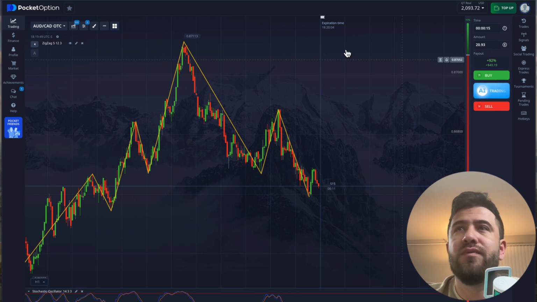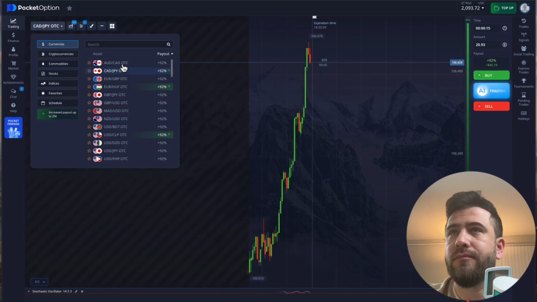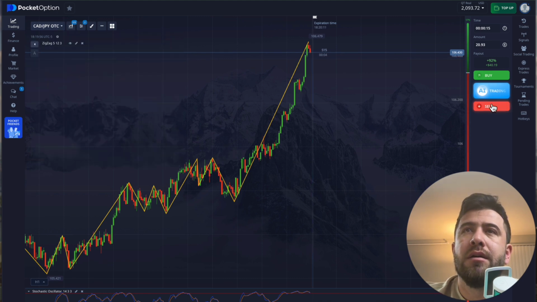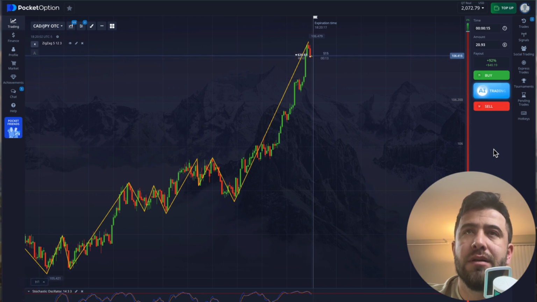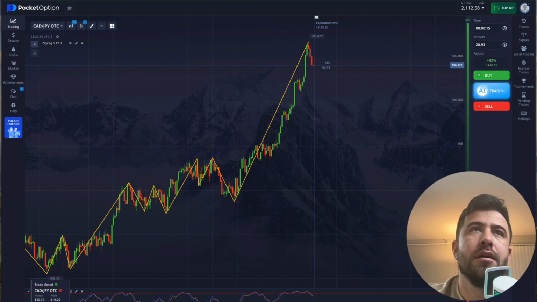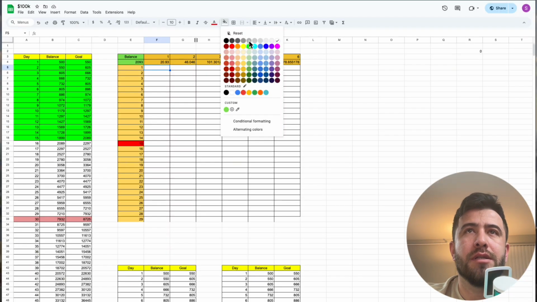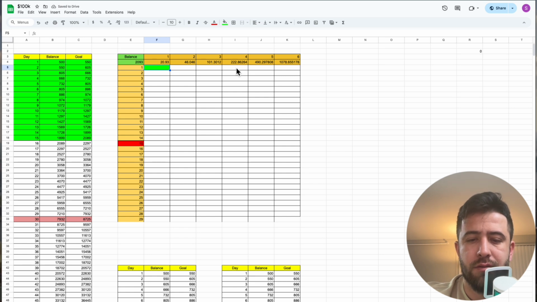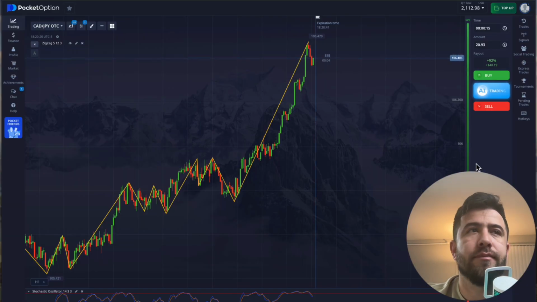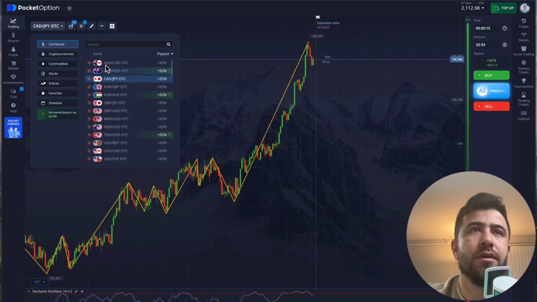So let's look for opportunity. We open for sell here. So our first trade is successful. We hit a green here. We look for another opportunity.